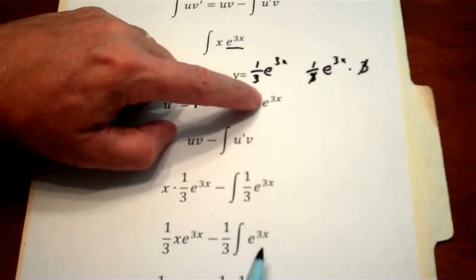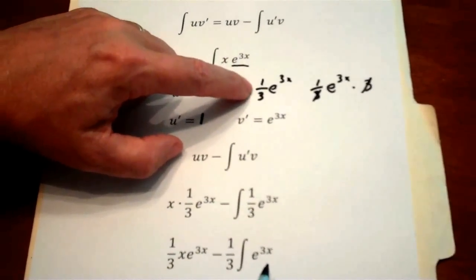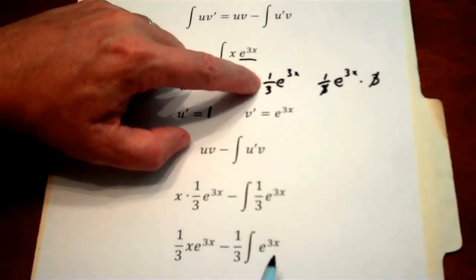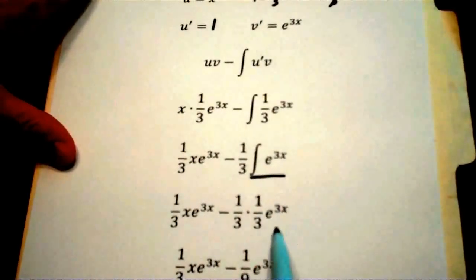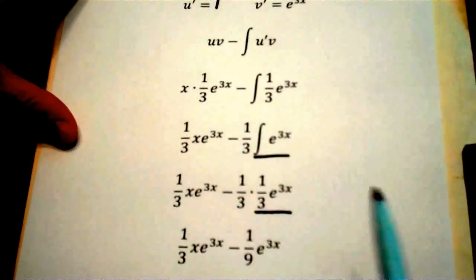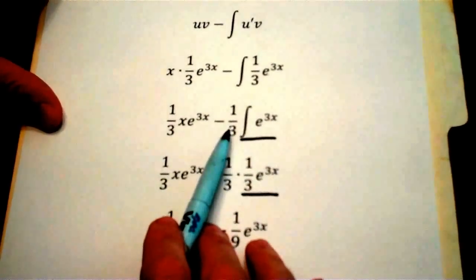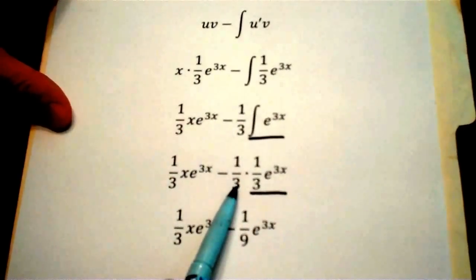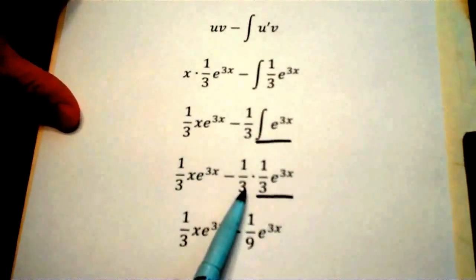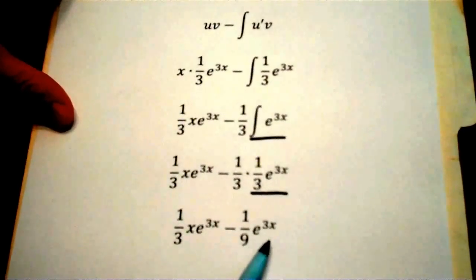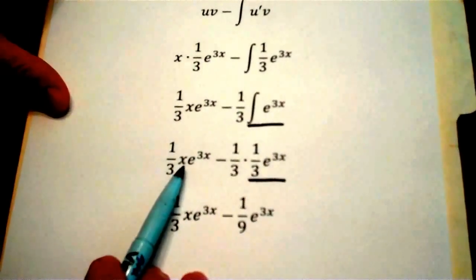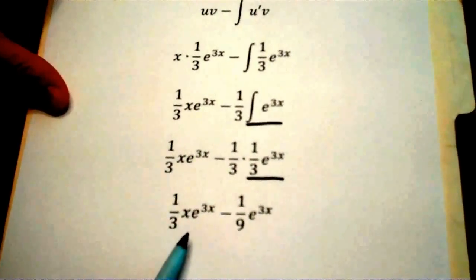The integral of e to the 3x is 1/3 e to the 3x. So down here, where I have the integral of e to the 3x, I merely substitute the 1/3 e to the 3x part. And of course, I bring down the 1/3 that I had in front. Simplifying this a little bit more, I have 1/3 times 1/3 is 1/9 e to the 3x. And I merely copy down my uv term that I already had.